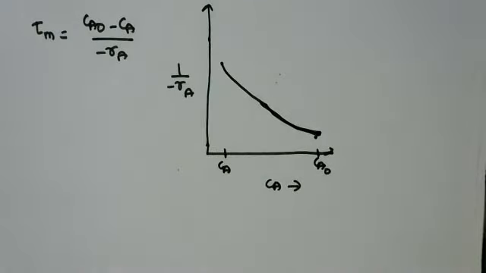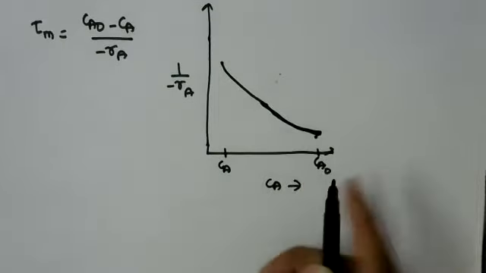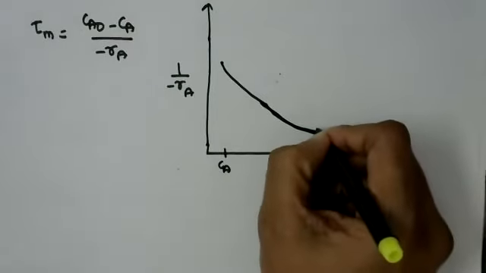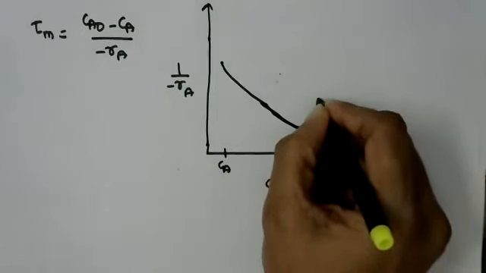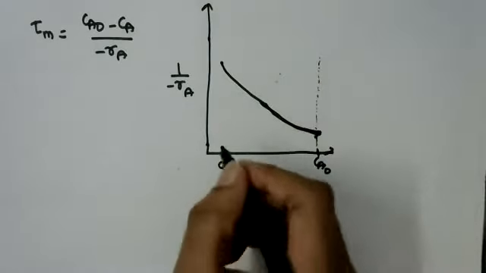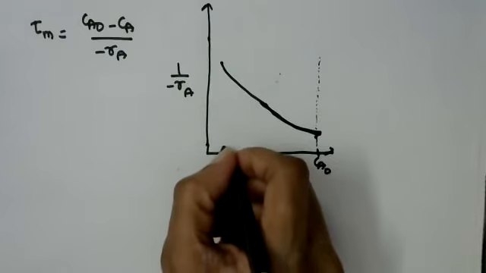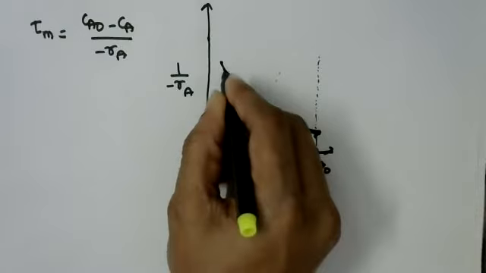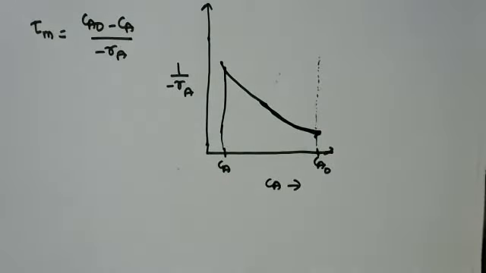Now, for determining the performance of the reactor for the fall of concentration from Ca0 to Ca, just follow the same procedure. From Ca0, draw a perpendicular line. Likewise, from Ca, also draw a perpendicular line till it intersects the curve.